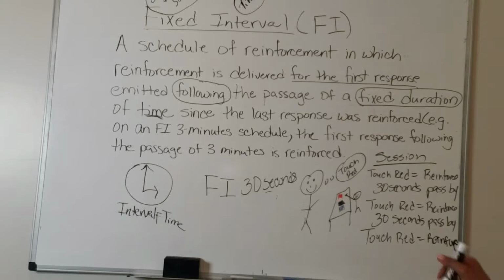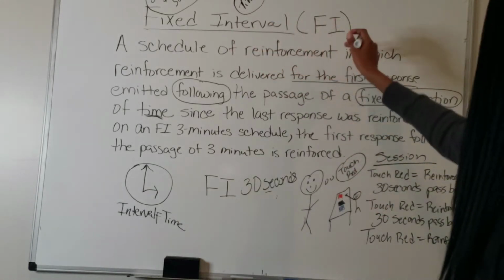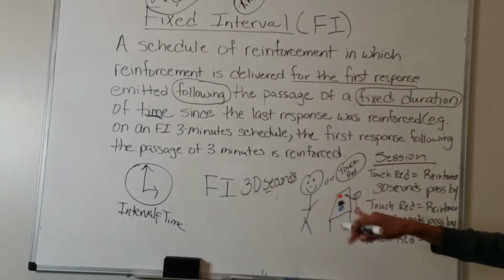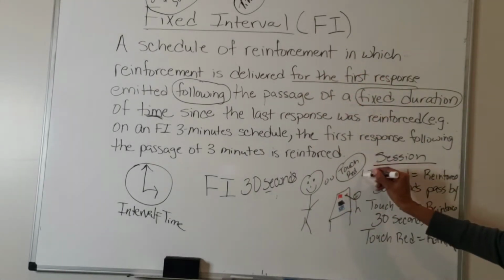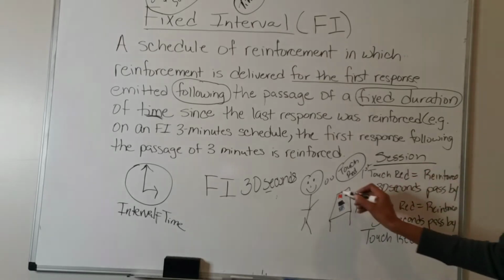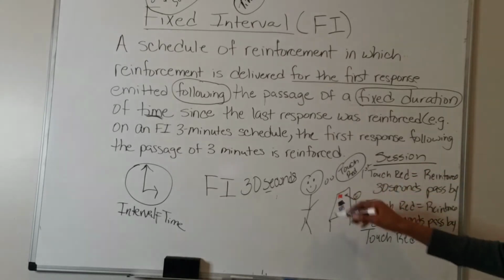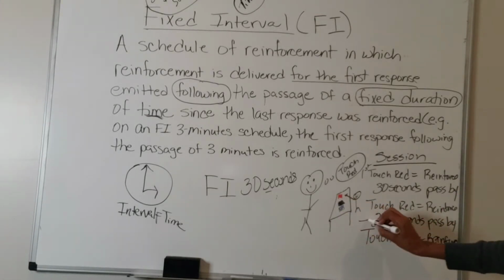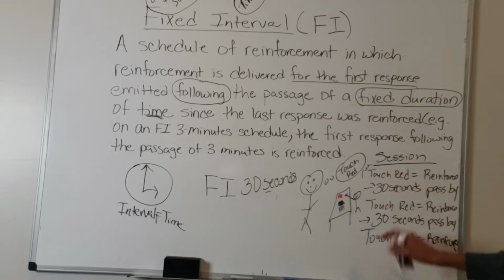So, with fixed interval, you have schedules of reinforcement in which reinforcement is delivered for the first response. This is the first time that you're starting, and then them touching the actual red is your response, and that's what you reinforce. So you say touch red, they actually touch it, you reinforce, but you have to wait for the 30 seconds between each time.